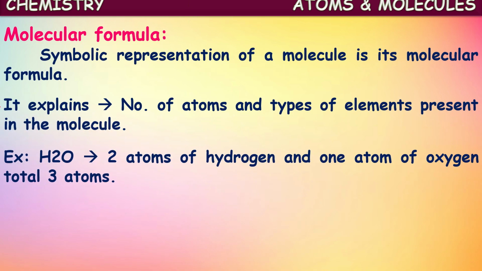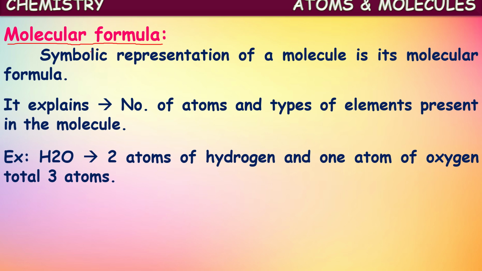Now, molecular formula. Molecular formula means the molecule of an element in short-form notation, that is called what? Molecular formula. Simply, the symbolic representation of a molecule is called its molecular formula. What kind of elements and what number of atoms of those elements are present within a molecule are represented by their symbols and subscript numbers.